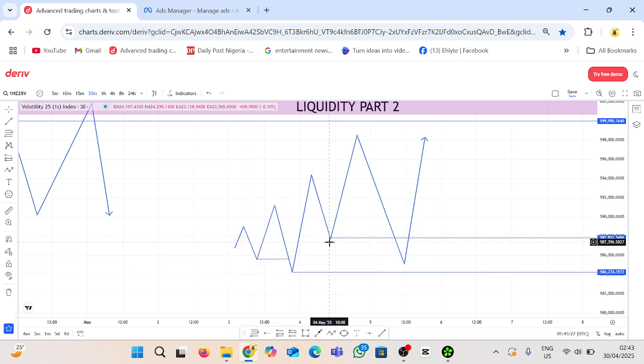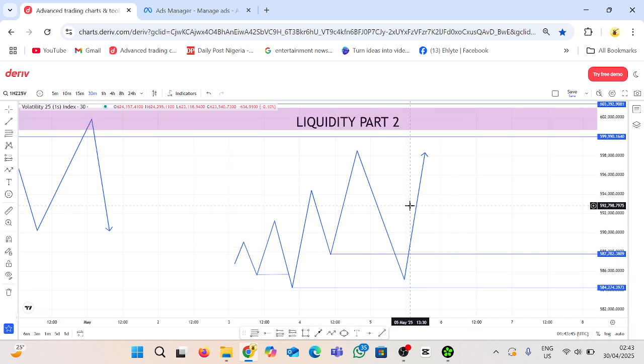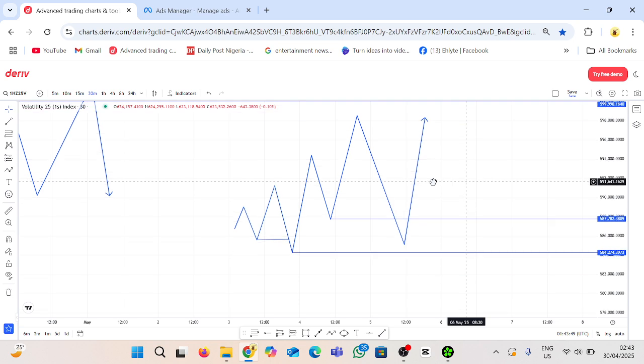This is your structural liquidity for a buy. The price will need to move and come back and take this out before moving in the opposite direction. So those are the two things about structural liquidity and transactional liquidity. I believe you get this clear.